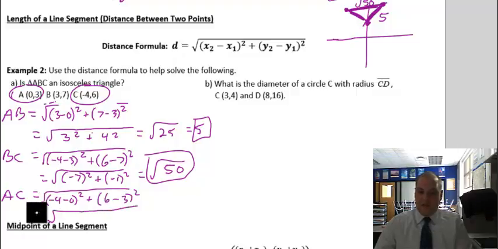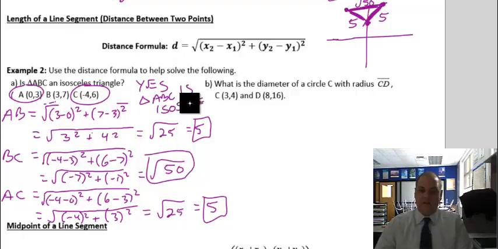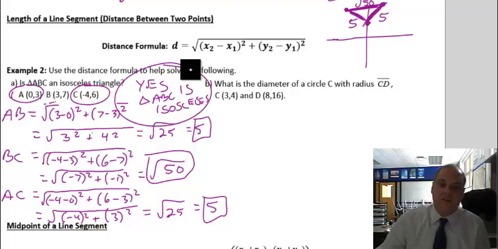So that's going to be negative 4 squared and 3 squared, which is 16 and 9. That's going to be 25, which is 5. So we do get 5. Therefore, yes, triangle ABC is isosceles.